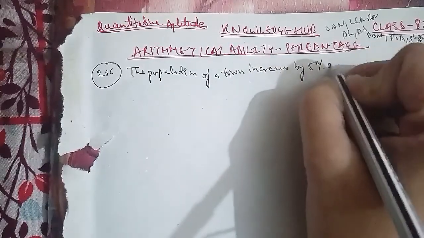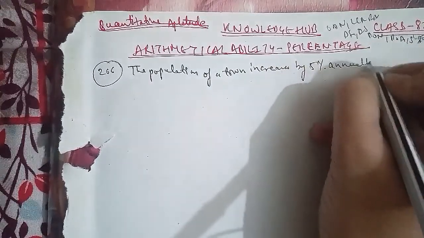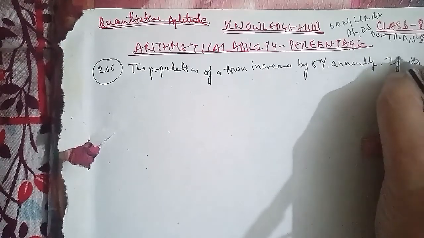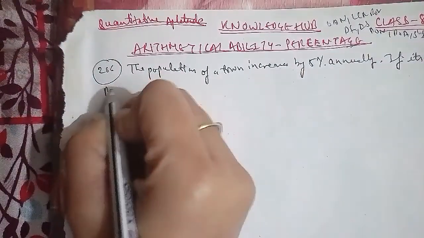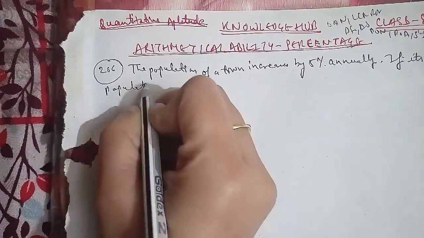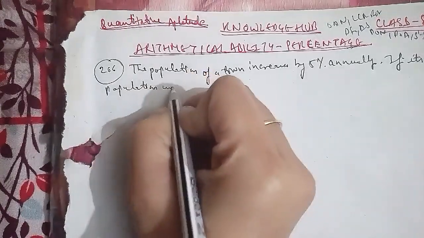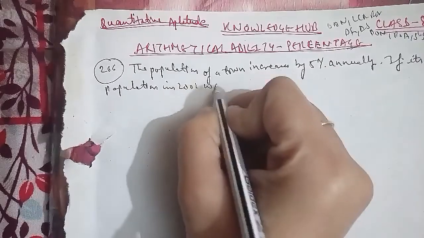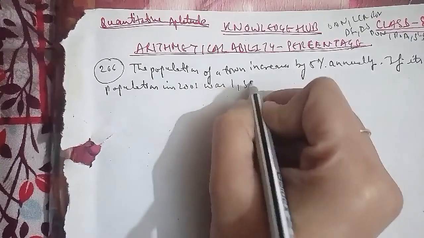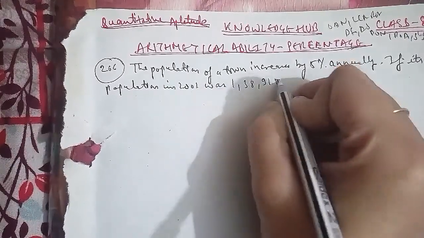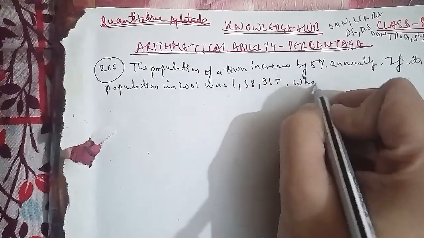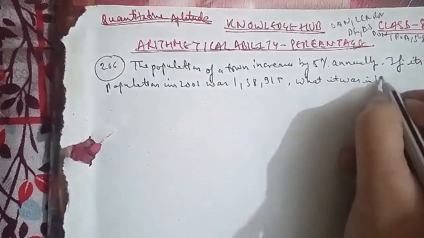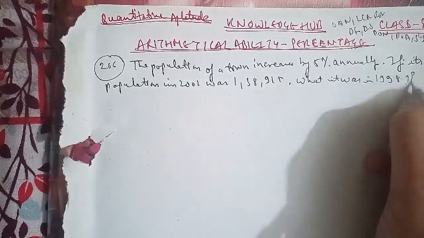If its population in 2001 was 1,38,915, what was it in 1998? This has been asked in an RRB examination paper, so of course we have to go ahead for the same.